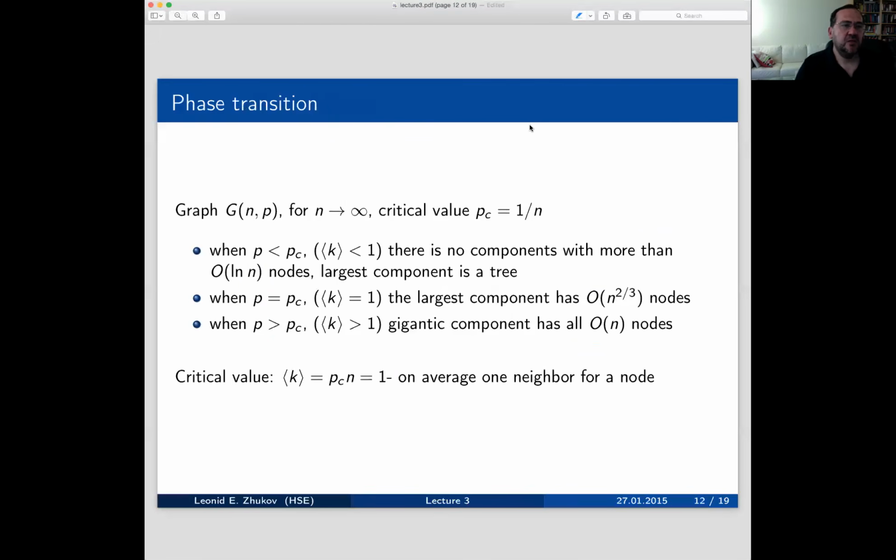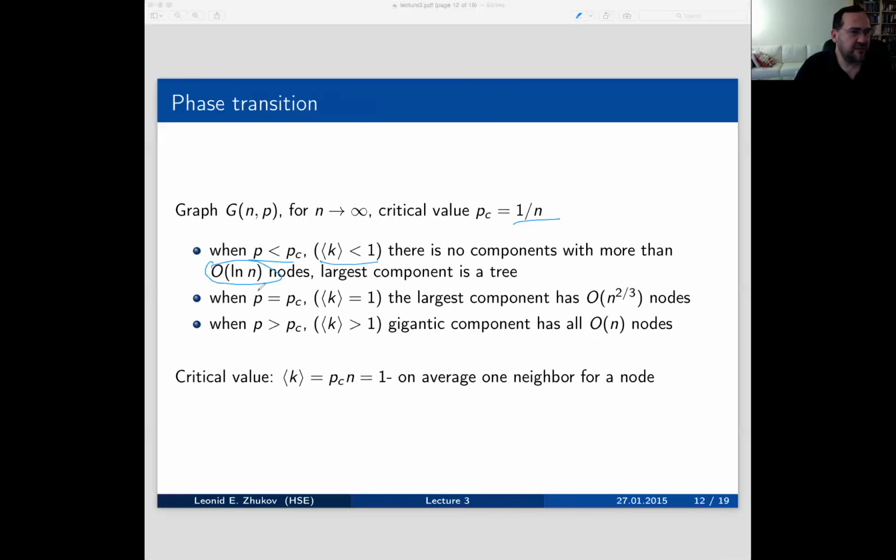Just to reiterate, when we take the graph size n to infinity, the critical value for the phase transition is p equal to 1 over n. When p is less than critical, which means on average every node has less than 1 neighbor, there are no components that have more than O(log n) nodes.